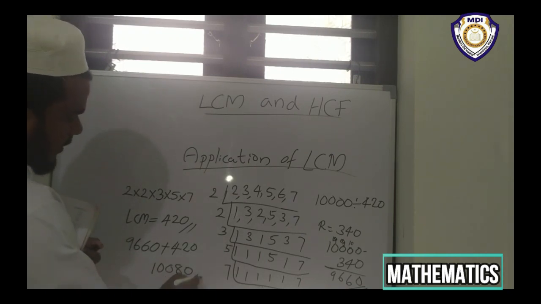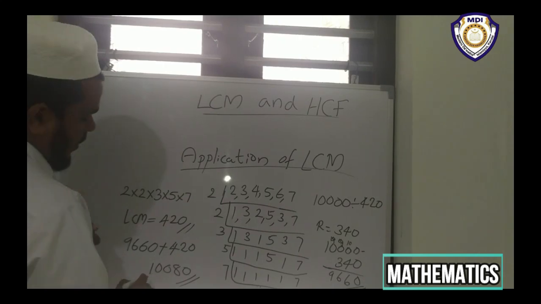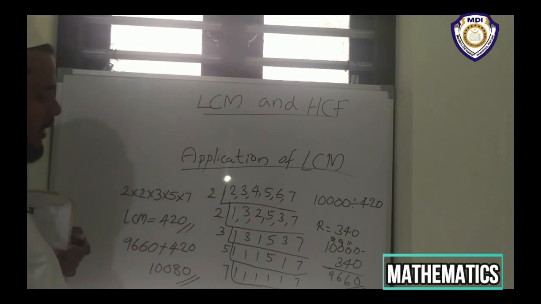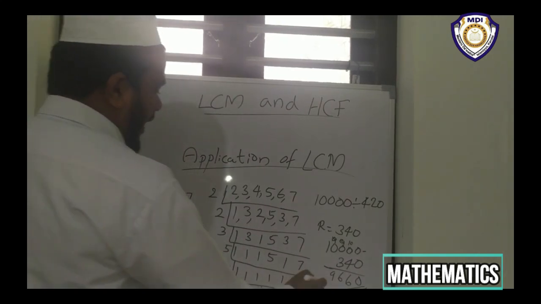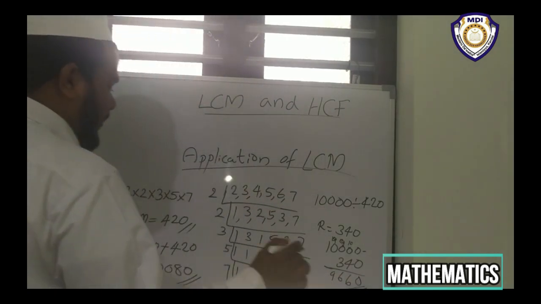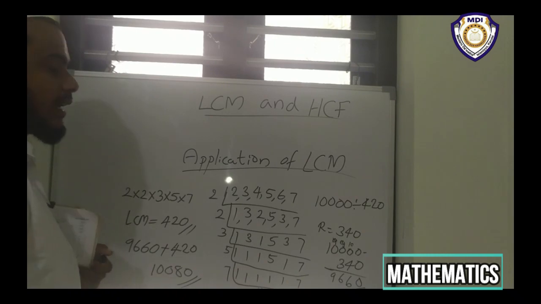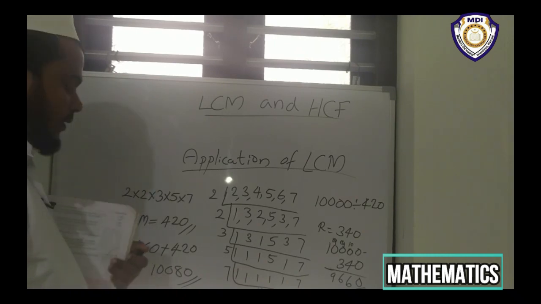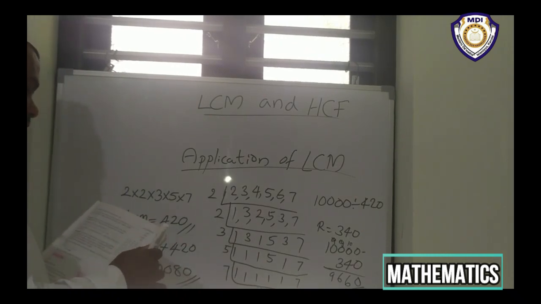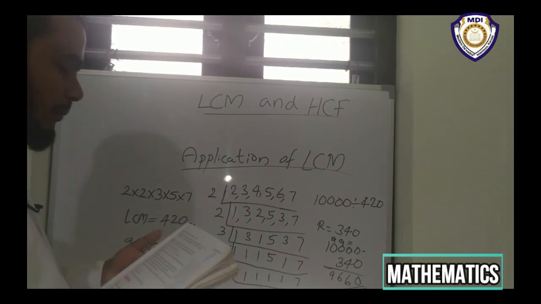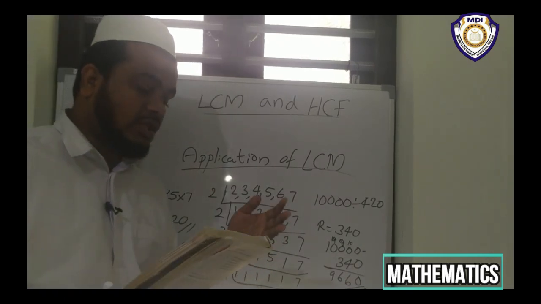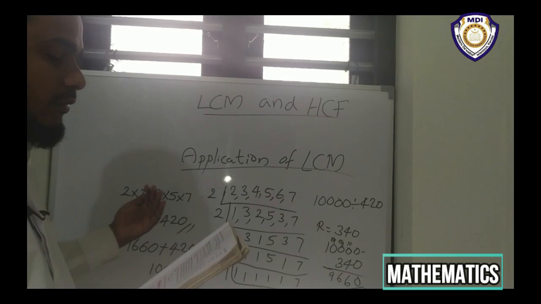This is the second number, 10,080. 9,660 is one number and 10,080 is the second number. Okay? It is very simple.